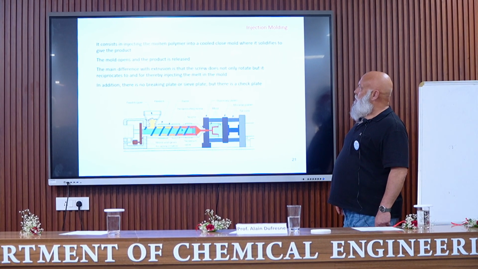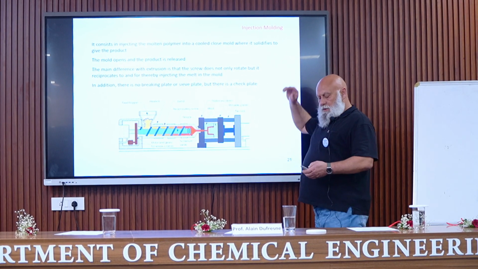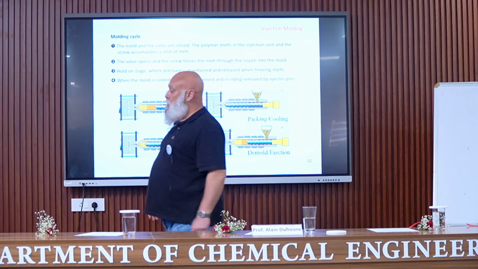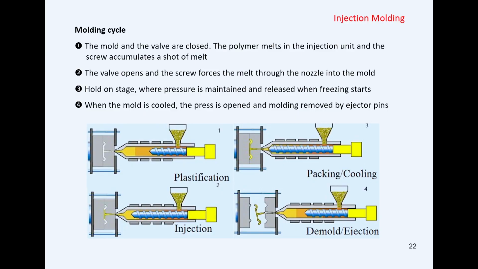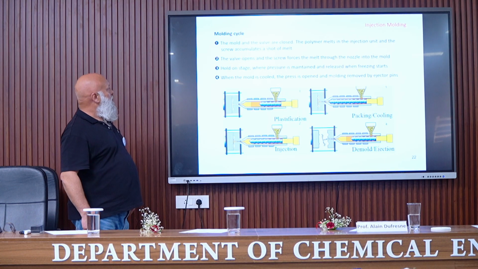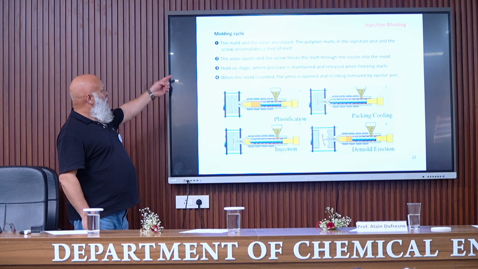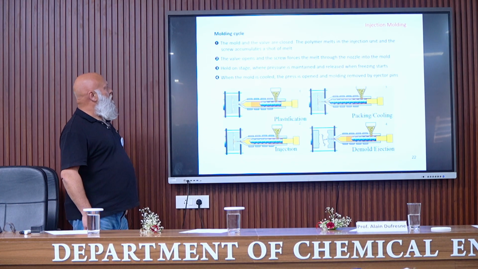So this is a detail. You have here the different steps in the injection molding process. The mold and the valve are closed at the beginning. The polymer melts in the injection unit, and the screw accumulates a shot of melt. Then the valve opens and the screw forces the melt through the nozzle into the mold. Then there is a hold on stage, meaning that pressure is applied to the material.